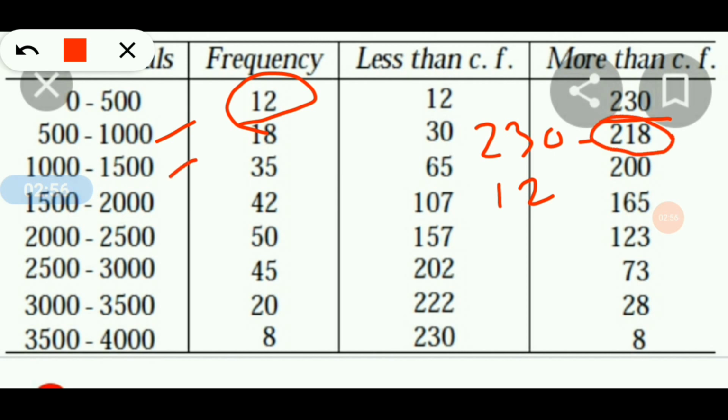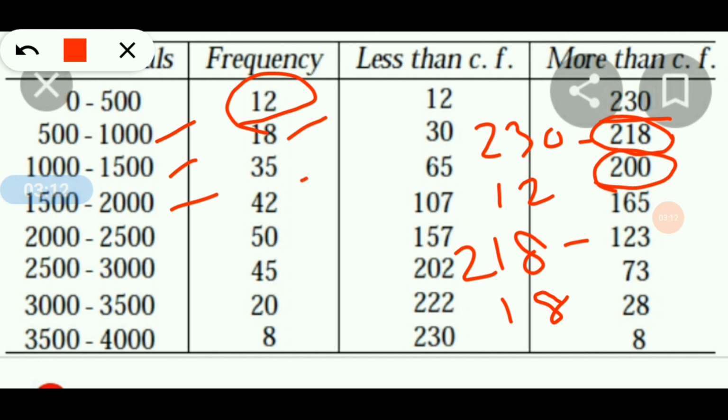Now going to the third one. 218 minus the frequency of the second class, 18, gives 200. Now going to the fourth one, the present class cumulative frequency is 200 minus the frequency of the present class, 35, which equals 165. I think that is clear.